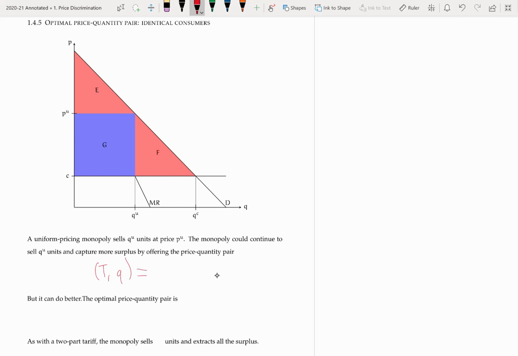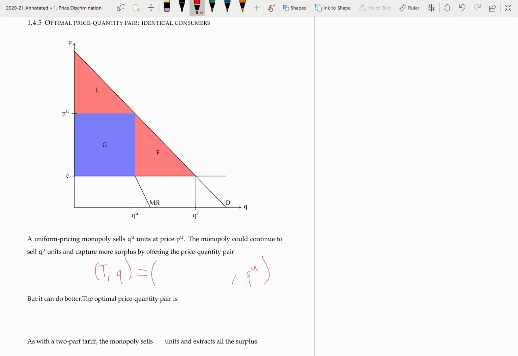Well, we're looking at the optimal way to sell QU, so the quantity we're thinking of is QU. What's the optimal price? It's going to be exactly what the consumer is willing to pay for QU. If you want to sell QU and get the highest profit, you charge exactly what the consumer is willing to pay. Remember, we have one type of consumer here, so we know what they're willing to pay. We know exactly what to charge them.